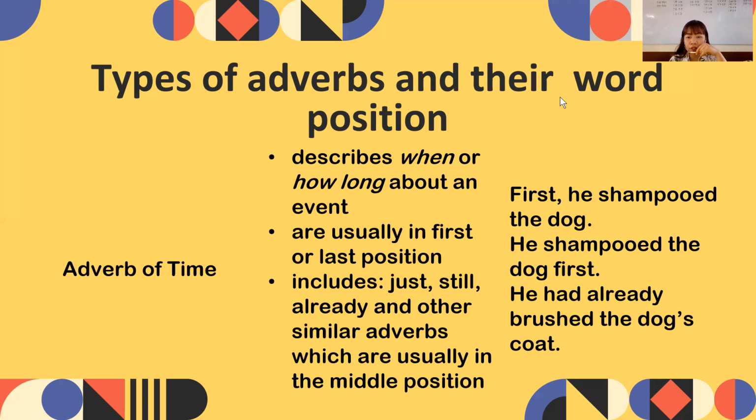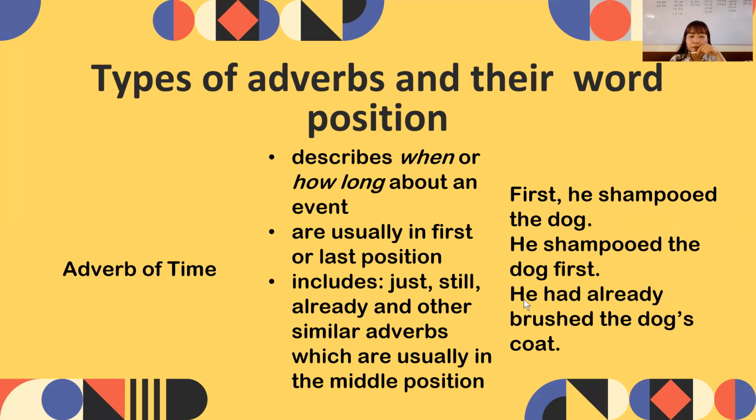Our direct object is the one who receives the action. Who did he shampoo? The dog. So that is our direct object. Again, our adverb of time could be placed at the beginning of the sentence or after the direct object. So, he shampooed the dog first.